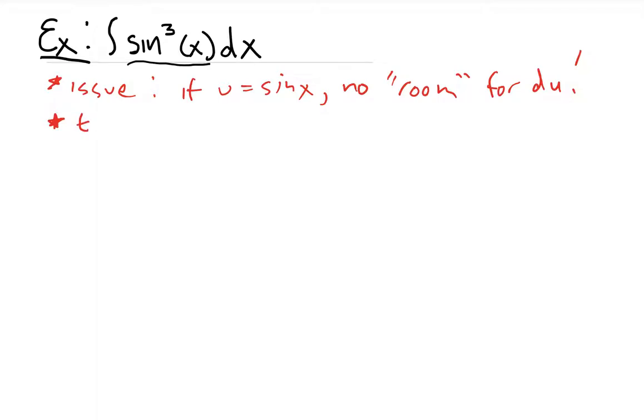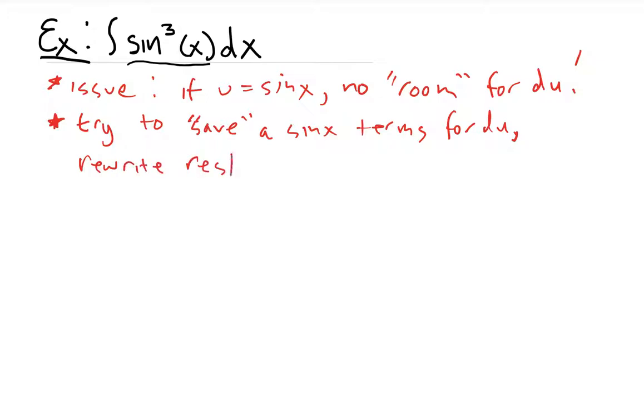What I'm going to try to do is save one of these sine terms for my du. If I do that, I have a couple other sine terms floating around. What I'm going to do with those is rewrite them.